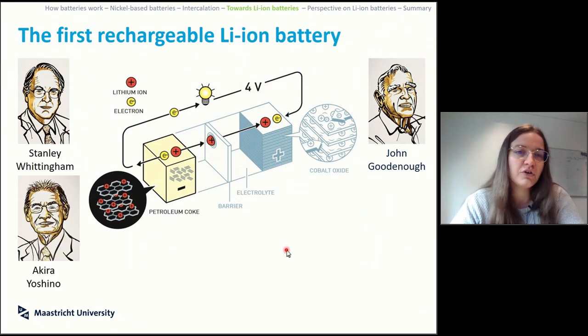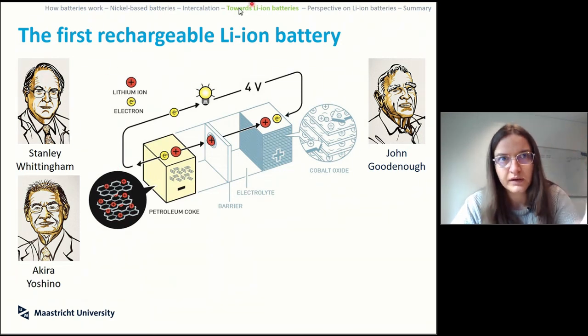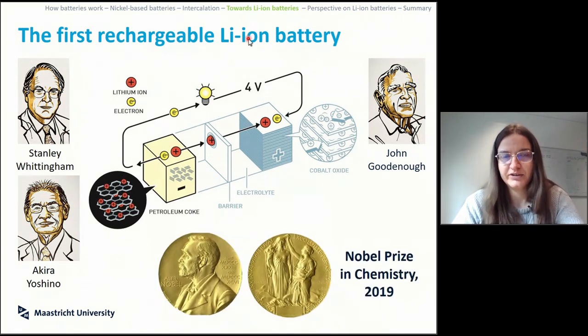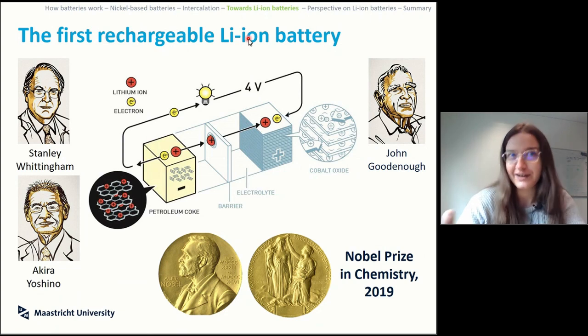And Akira Yoshino was the one that rearranged the intercalation in graphite, working with petroleum coke, to optimize this whole device. These 3 people were recognized in 2019 with the Nobel Prize in Chemistry, which is, as you can notice, a solid state chemistry prize.